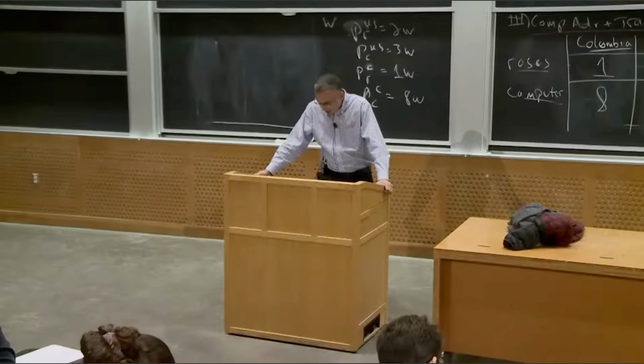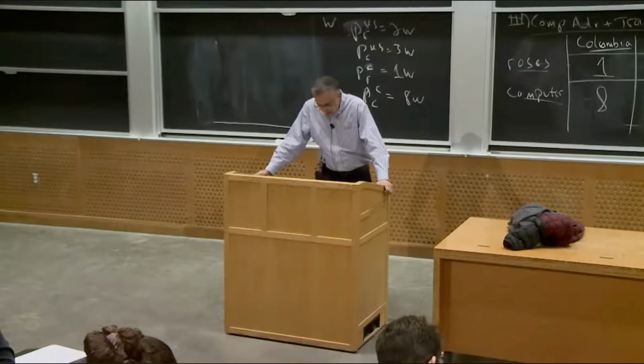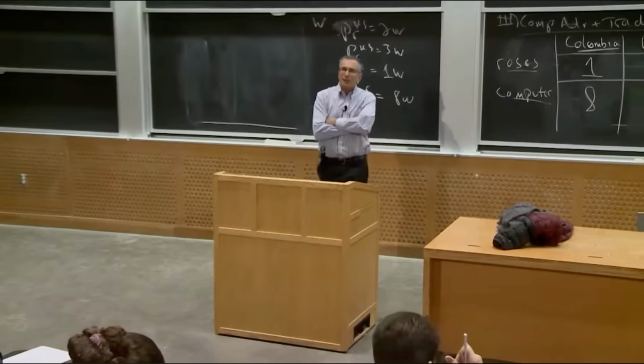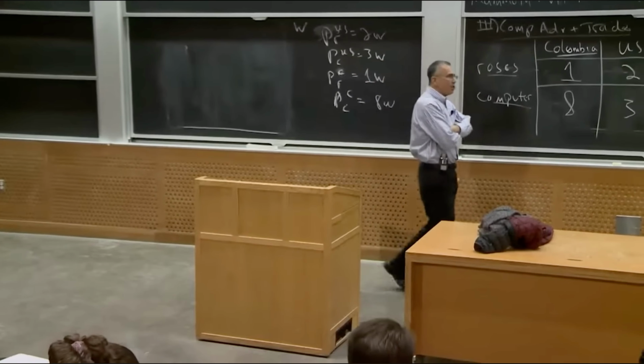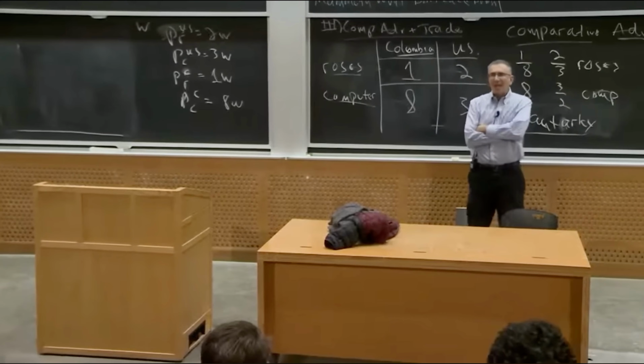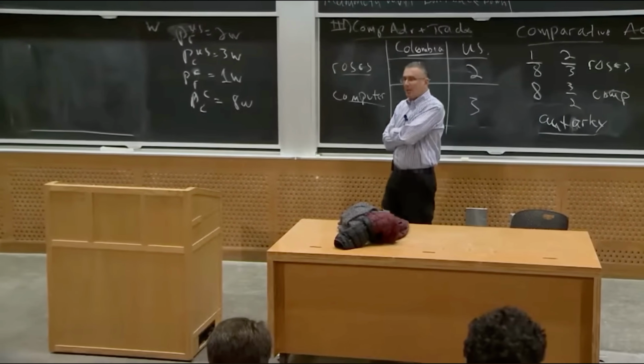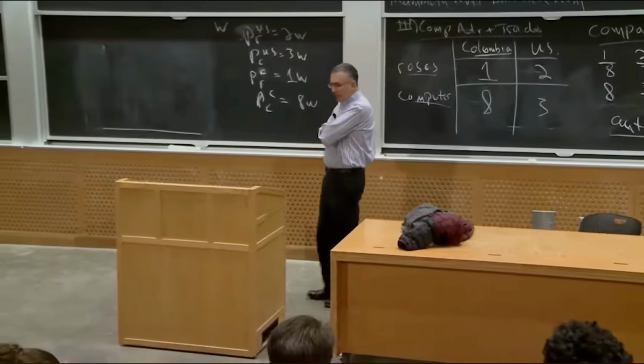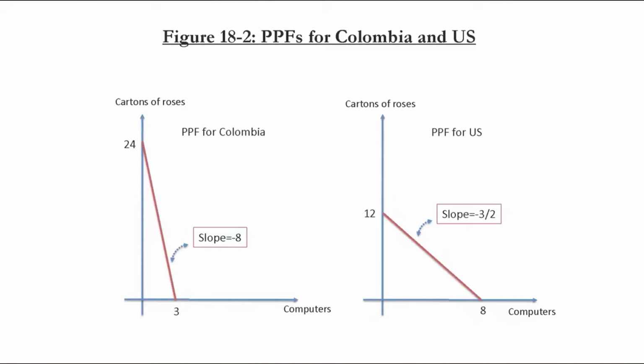Now, but what happens if the countries specialize? What if the US only produces computers and Colombia only produces roses? Well, how many computers would we get? We get 8 computers. How many roses would we get? We get 24 cartons of roses.